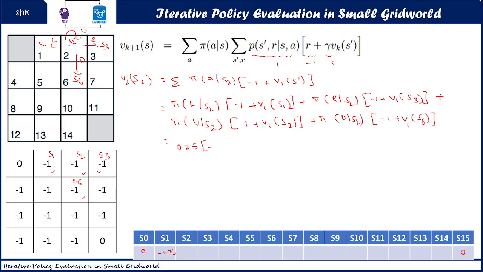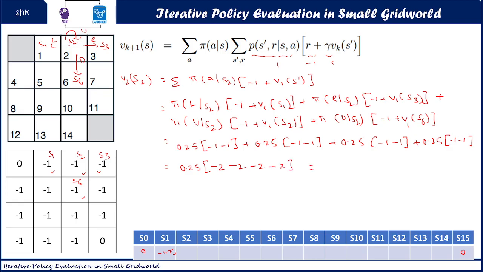So straight away you can write minus 1 plus 0.25 into minus 1 plus 0.25 into minus 1 plus 0.25 into minus 1, which we can rewrite as 0.25 taking as common, minus 1 and minus 2, minus 1, minus 1, minus 2, minus 1, minus 1, minus 2.